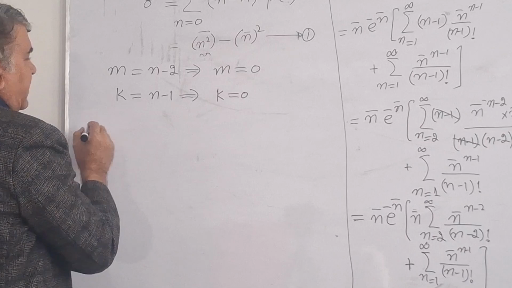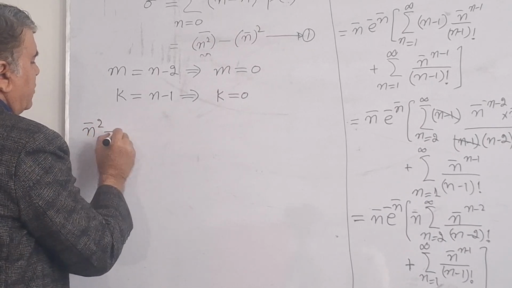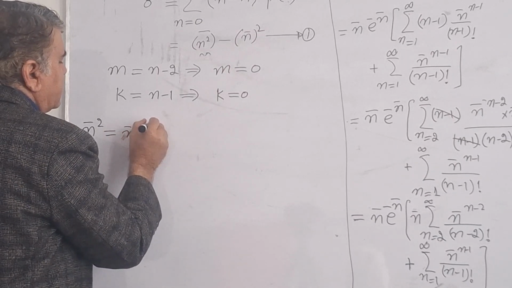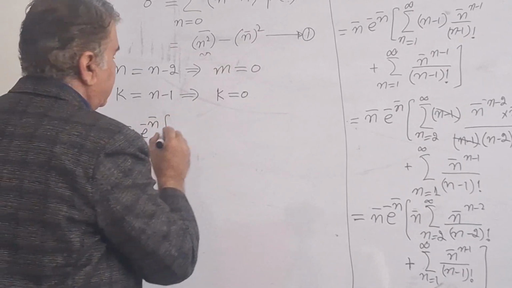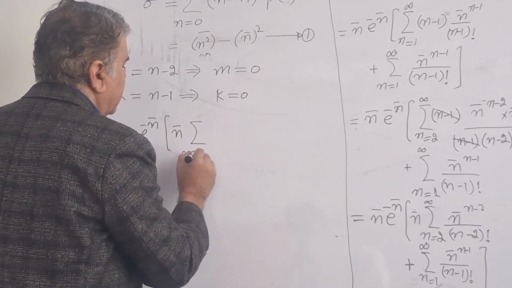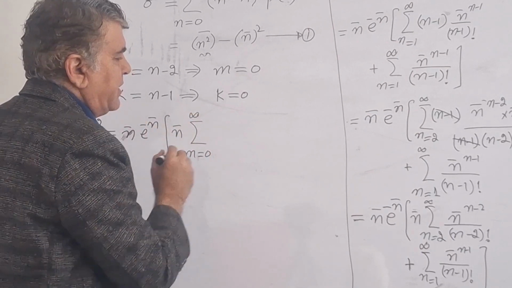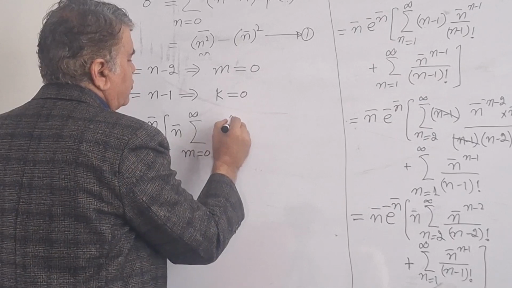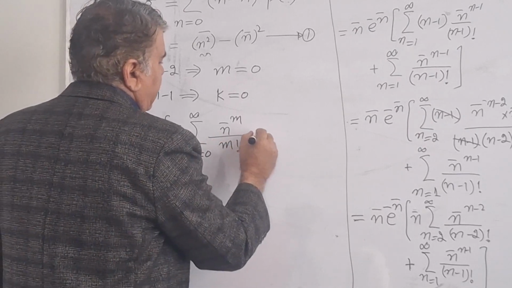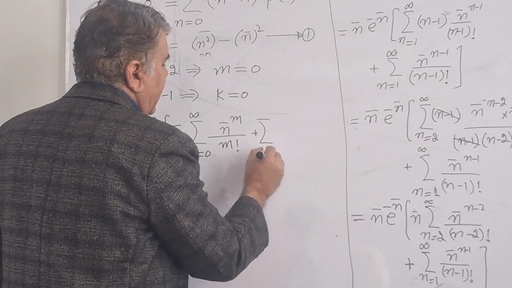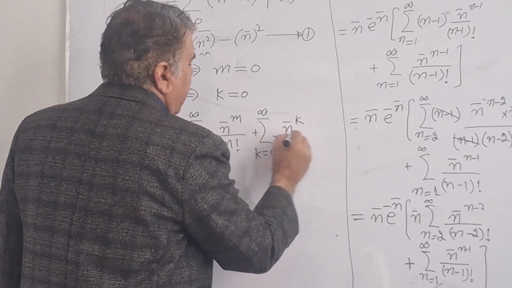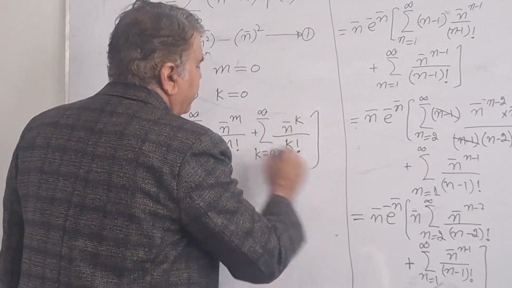And I rewrite that relation in the form n bar square equals n bar exponent minus n bar, and this will become n bar, then sum over m equals 0 to infinity n bar raised to the power m divided by m factorial plus sum over k equals 0 to infinity n bar power k divided by k factorial.